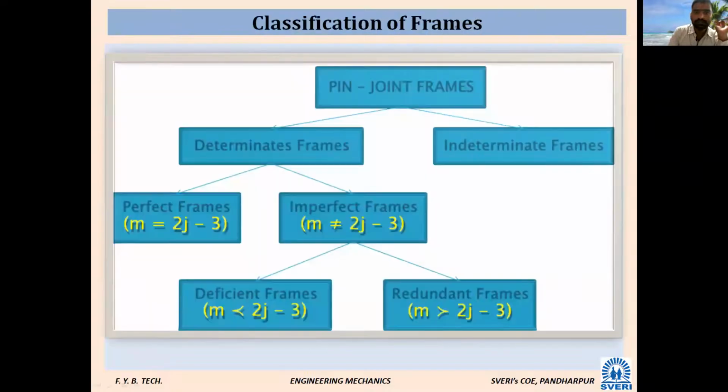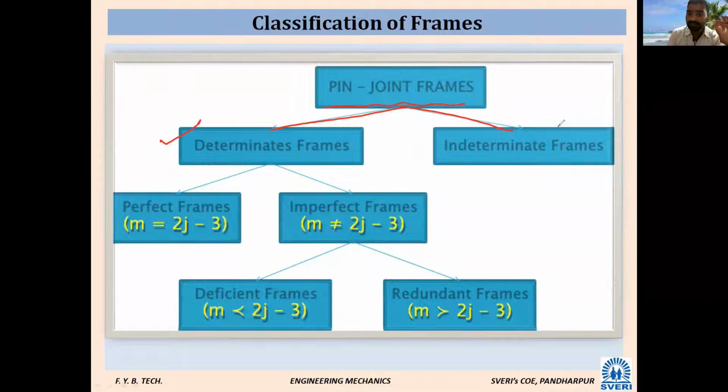So, pin-jointed frames, which you are studying now. Here there are two types: one is the determinate frame and another is the indeterminate frame. Determinate means complete analysis is done with the help of equilibrium equations.